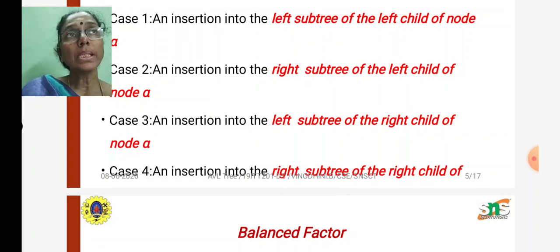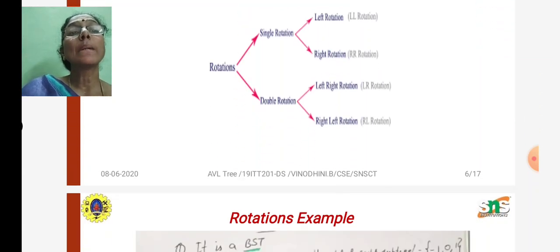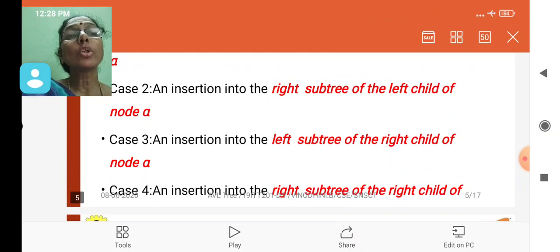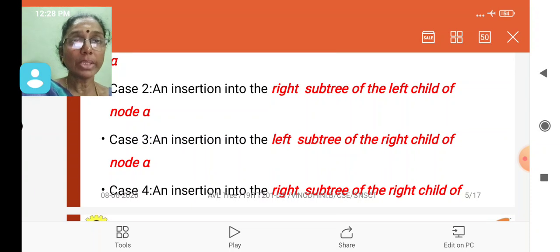When we insert into the left subtree of the left child, we do a right rotation. In case 4, when inserting into the right subtree of the right child, we do a left rotation. In case 2 and case 3 we do a double rotation. In case 2, inserting into the right subtree of the left child, we first do the left rotation and then the right rotation. In case 3, inserting into the left subtree of the right child, we first do the right rotation and then the left rotation.